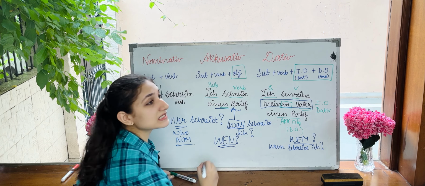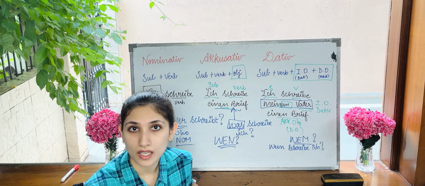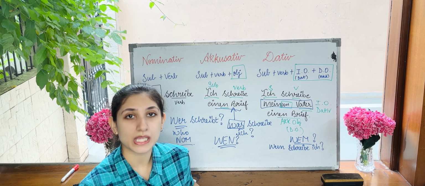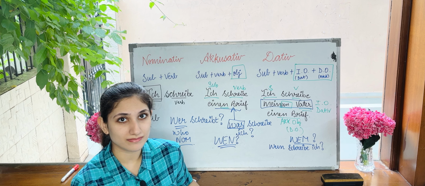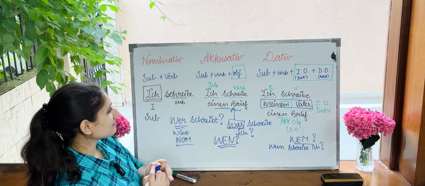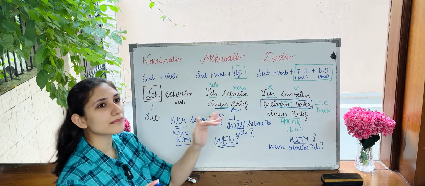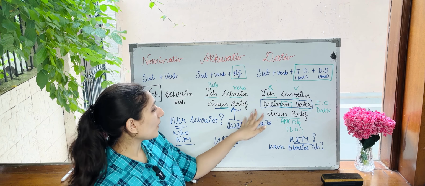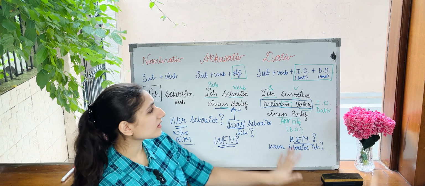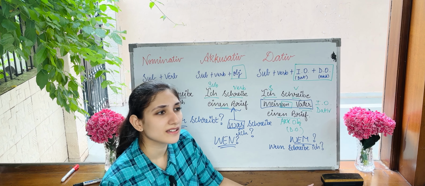When it's a person, it is wen. Wen rufe ich an? Meine Freundin. So this was a very simple way to recognize it. Revise this concept very thoroughly; you should be clear with it.